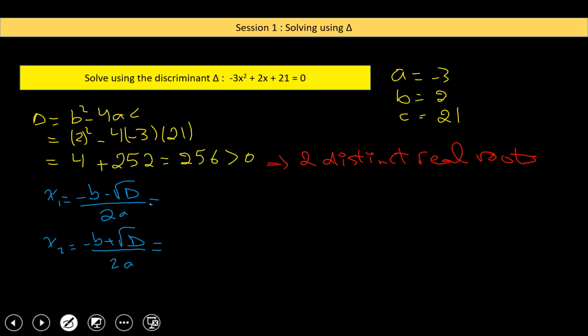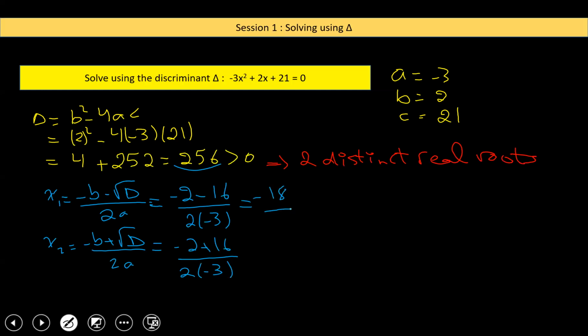Now minus b is minus 2 minus radical delta, which is 16 over 2 times a, 2 into minus 3. Here is the same, but it's a plus. There we get minus 18 over minus 6, which is 3.